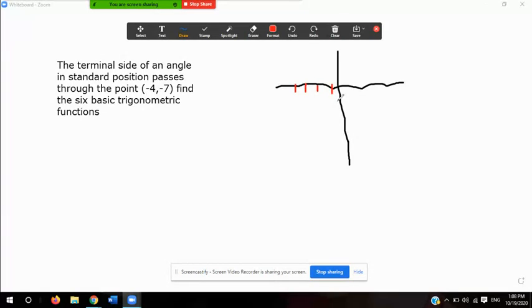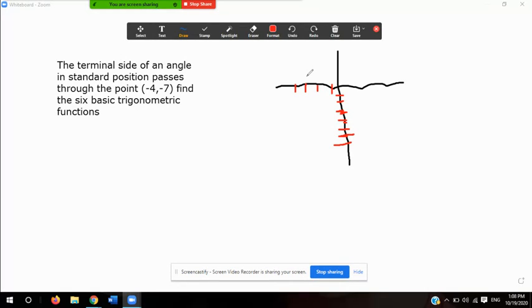And y is actually going to be negative 7: 4, 5, 6, and 7. Okay, so let's just kind of figure out or draw that triangle right there.